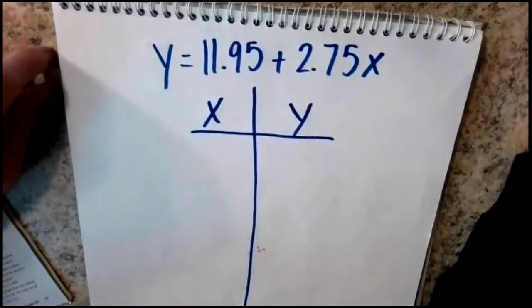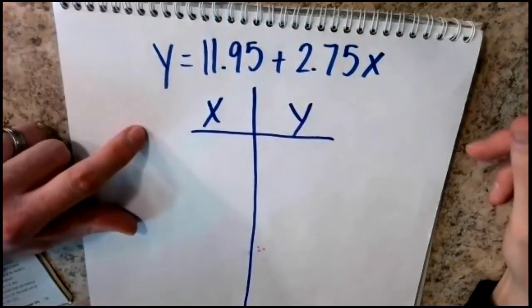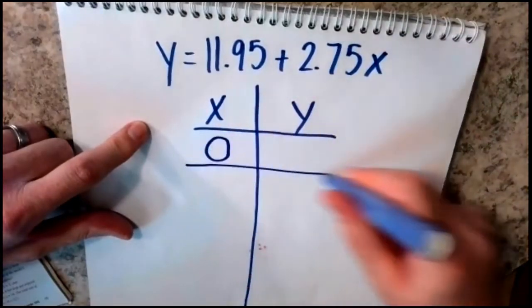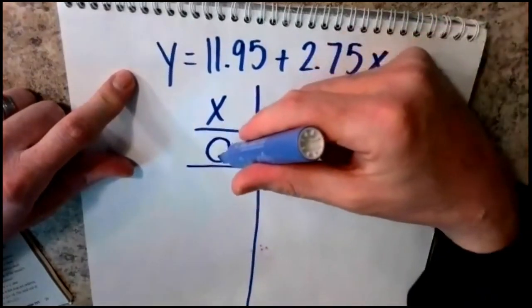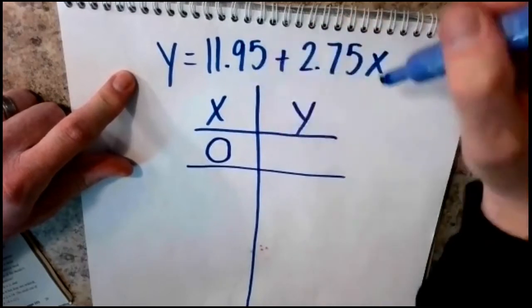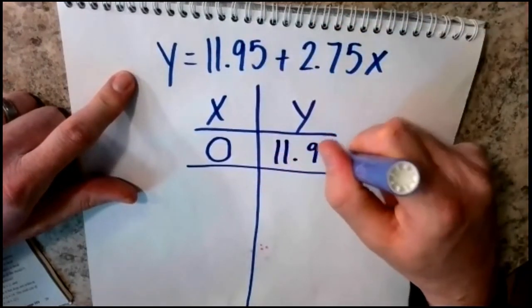Okay, so think of it this way. Imagine I chose to have 0 toppings. So 0 toppings. Well, how much would my total cost of my pizza be? Well, we just substitute 0 in here, and 0 times any number will give you 0. So we're just left with $11.95.